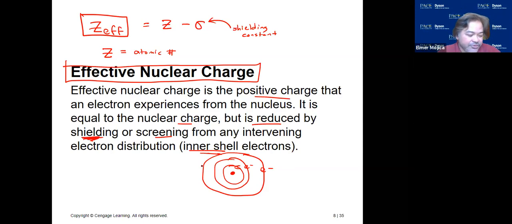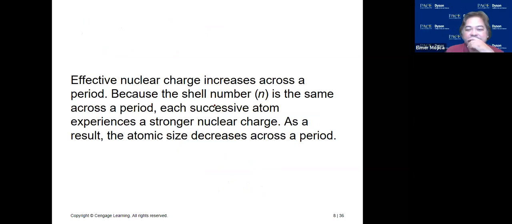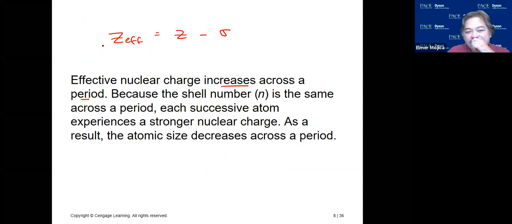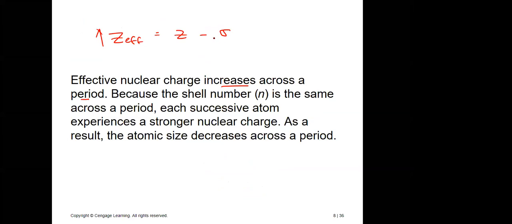And if you're going to look upon what we call effective nuclear charge, usually it increases across a period. Why does it increase across a period? What's the effect that you have here? Atomic radius decreases. So why does this increase across a period? Which one increases here? Is it the atomic number Z or the shielding constant?